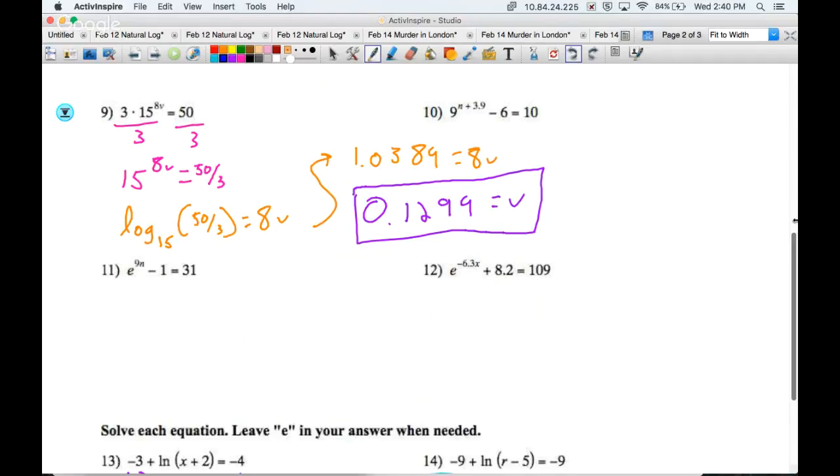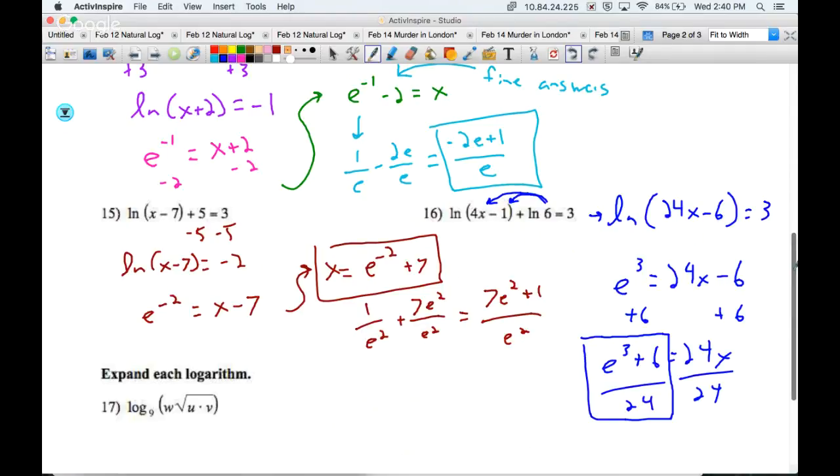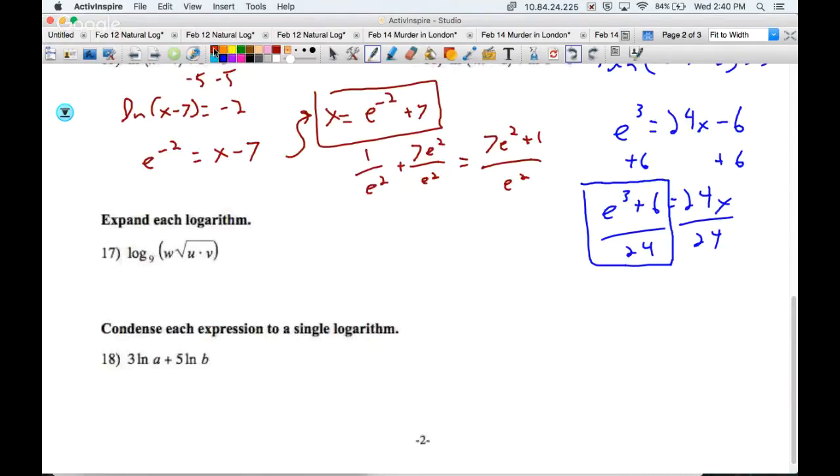All right, I went ahead and threw some examples of expanding and condensing onto this homework just to keep that fresh. Let's go through both of these. I see that I'm multiplying the w and then this radical term here. So I can split that into two logarithms that are being added. So log base 9 of w plus log base 9 the square root of u times v. This square root can be rewritten as the exponent 1/2, and then written in front of the logarithm.